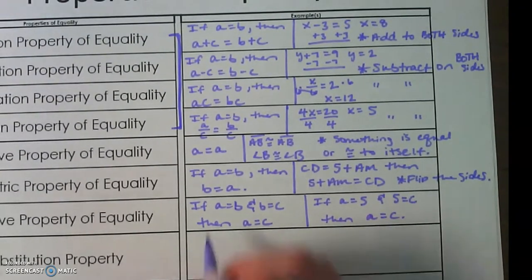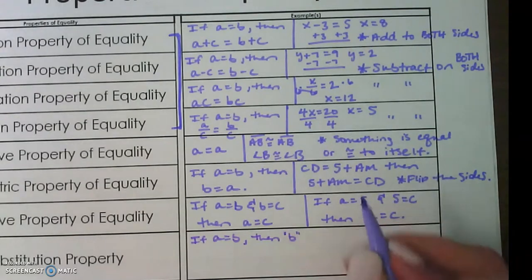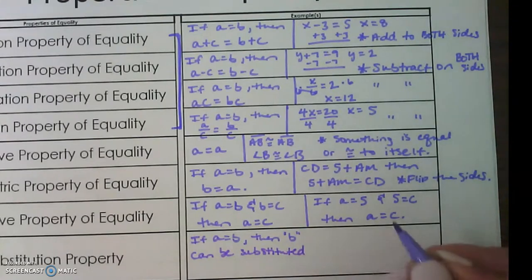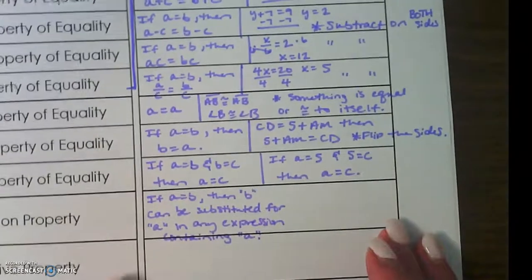Substitution property. So if A equals B, then B can be substituted for A in any expression containing A. So let's say we have an example here.